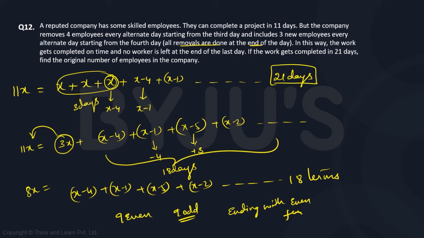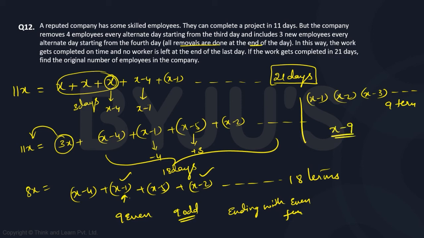So what are the even terms? This is an even term. This is an even term. So the even terms pattern is x minus 1, x minus 2, x minus 3. This is the pattern I want. 9 days, 9 terms. So clearly the last day will be x minus 9.